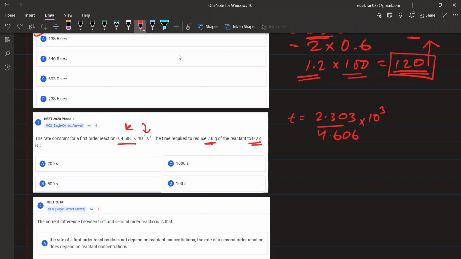Into log of initial, that is 2 gram, divided by 0.2. So I can cancel this by 2, and it is 10. So log 10 is equal to how much? 1. है ना?